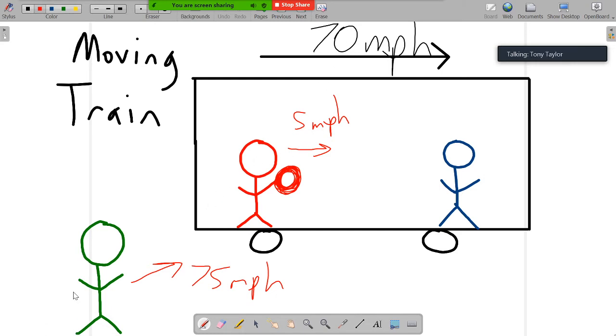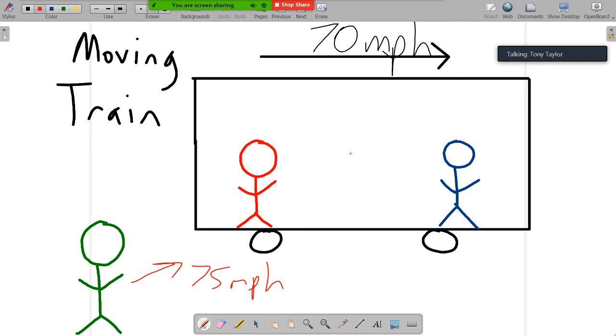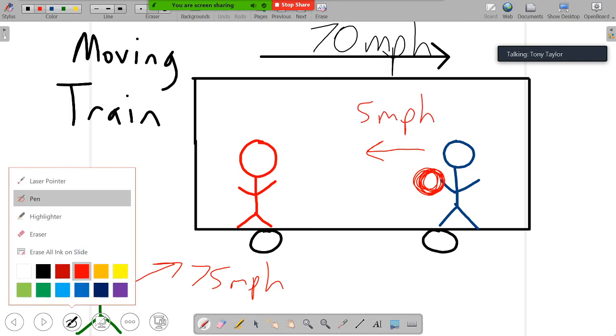Now, guys, let us discuss another situation. Suppose that after this person in red threw the ball, the person in blue caught the ball. As soon as the person in blue caught the ball, he decided to throw the ball in the opposite direction toward the person in red. So he threw the ball at 5 miles per hour in that direction.